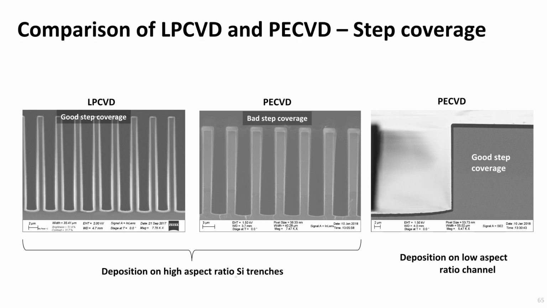The PECVD process has not covered the trenches as well. In fact, there is almost no deposition at the bottom of the trenches. Even the thickness at the side wall is generally thinning towards the bottom. For low aspect ratio structures, the step coverage can be almost as good for PECVD as it is for LPCVD.